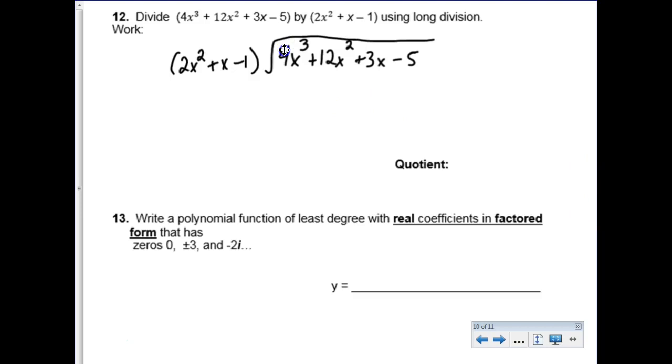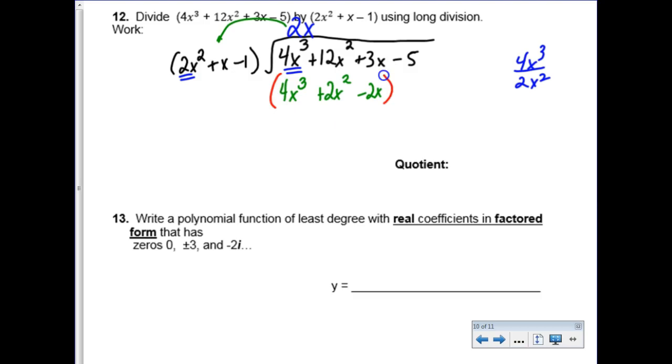And you start long division by dividing lead term by lead term. I like to write that off to the side. So 4x to the third divided by 2x squared would be a 2x. And then you multiply that into the divisor. So you get a 4x to the third plus 2x squared minus 2x.